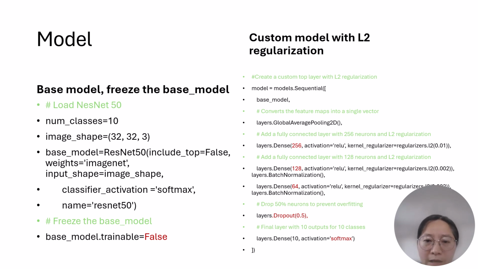And I tried applying the L2 regularization and the batch normalization, and applied three dense layers, 256, 128, and 64, and used the softmax as the activation function.